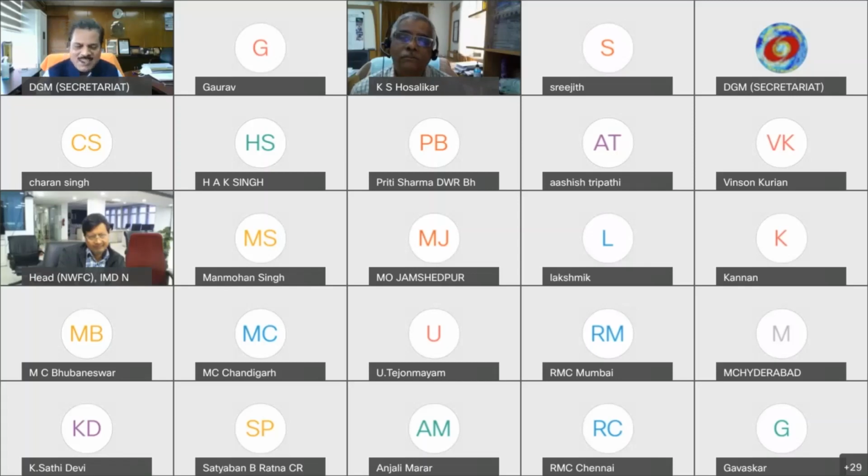Kurian Sahib, I will say it is too early to speak about the monsoon, but still, as per the El Nino or La Nina forecast, at present it is La Nina conditions, and La Nina condition is expected to continue until the end of the spring. That means 1 or 2 months again, and then it is expected to move towards neutral conditions.